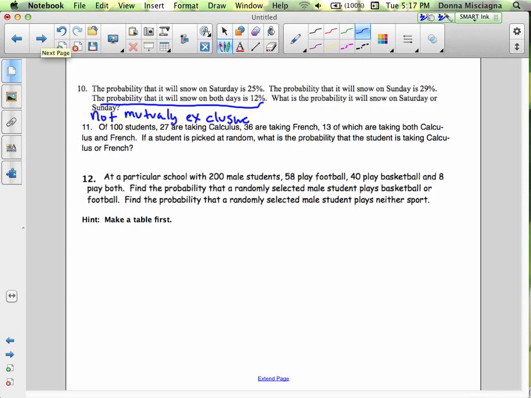Or means to add. Right? And then don't forget to subtract the overlap. The probability that it snows on both days.